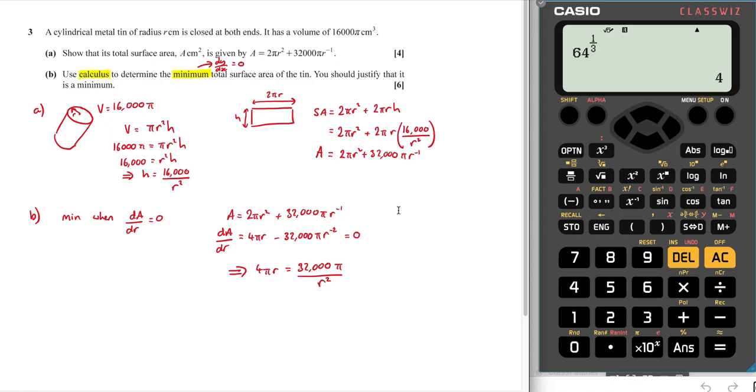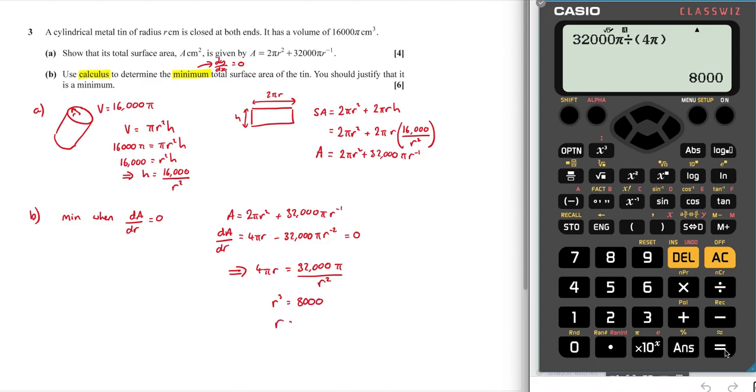If I multiply up by r squared and divide through by 4 pi, I'm going to get r cubed, and let's just double check this. So I'm going to have 32,000 pi divided by 4 pi is 8,000. So therefore r is the cube root of that, and the cube root of that answer gives me that r is 20 centimetres.